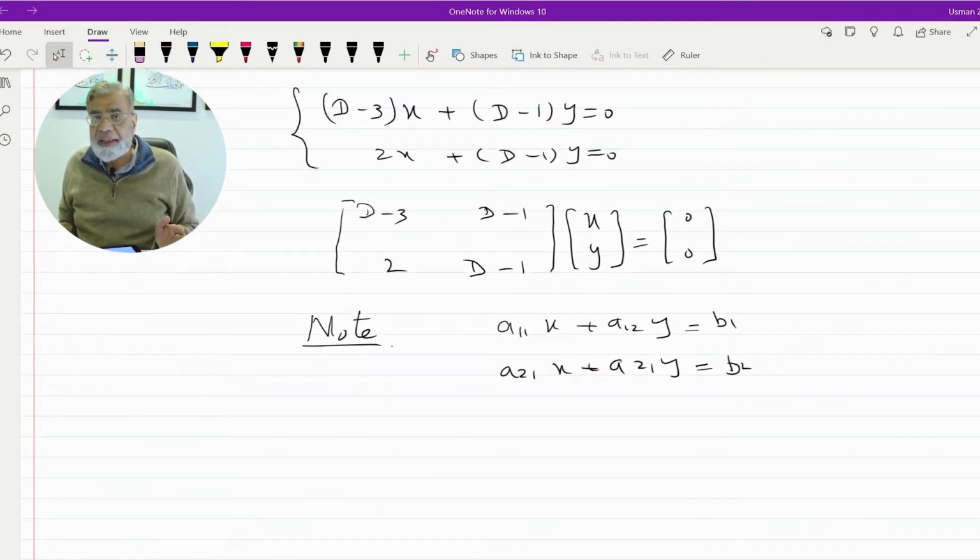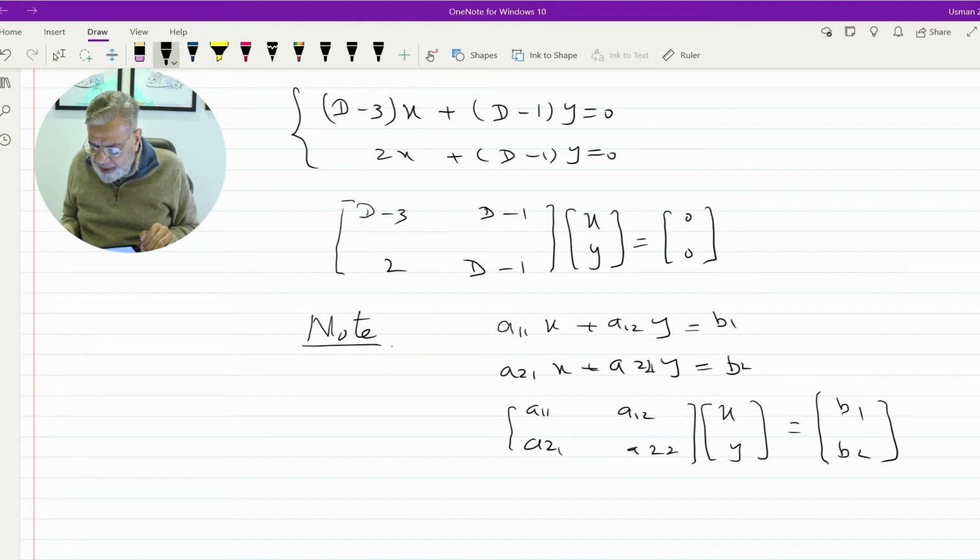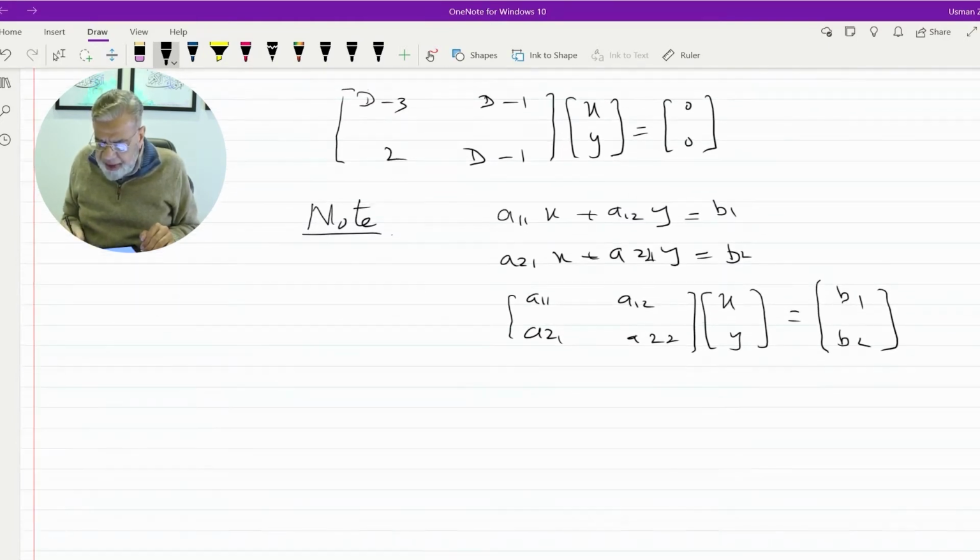Then we can take the coefficients together: a11, a12, a21, a22. Then we have the unknown matrix x, y, and the matrix of constants b1 and b2. So we can write this as A, the coefficient matrix, times the matrix of unknowns, equal to my right hand side b.